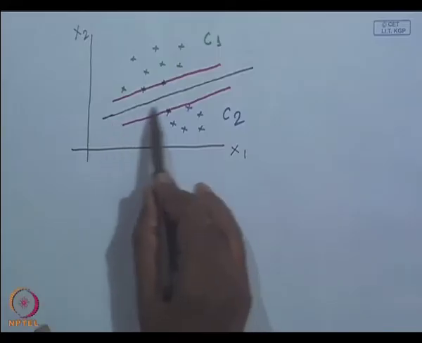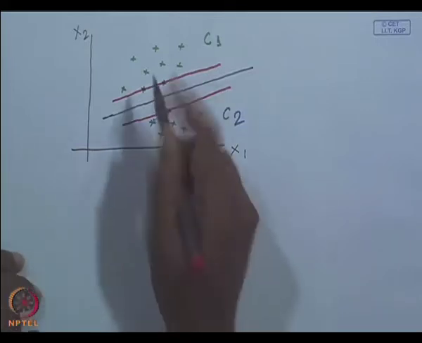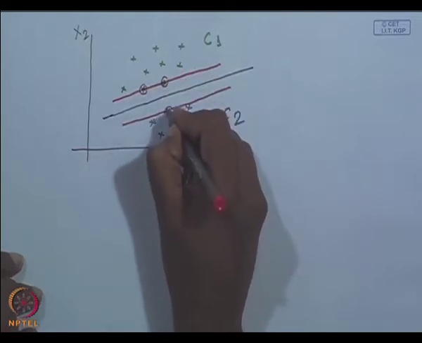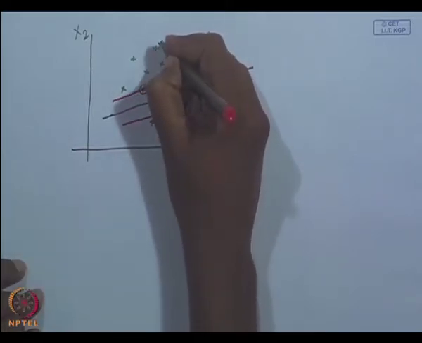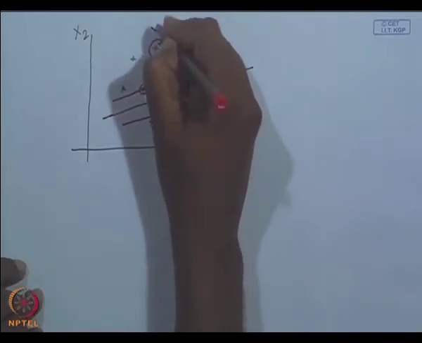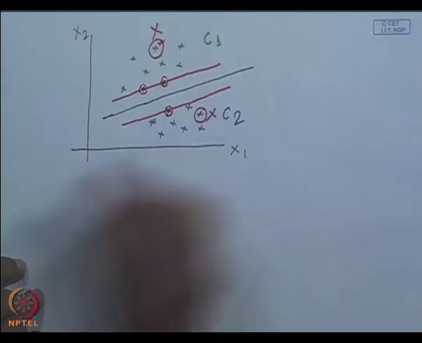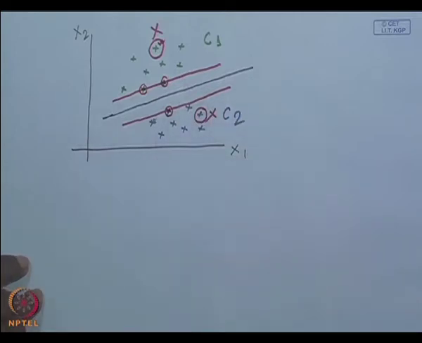And you find that the position of this classifier, or this hyperplane, depends on the position of these feature vectors. It does not depend upon the position of this feature vector. Even if I remove this feature vector from my training set, the position of the hyperplane remains the same.